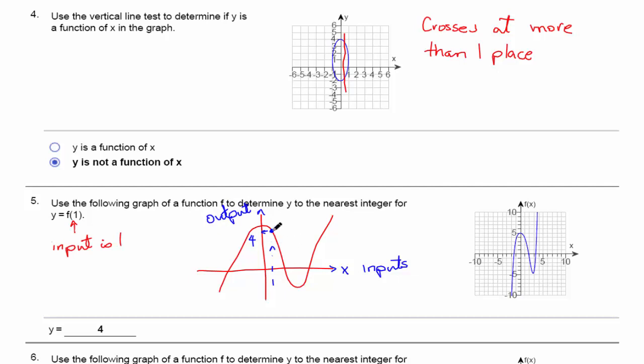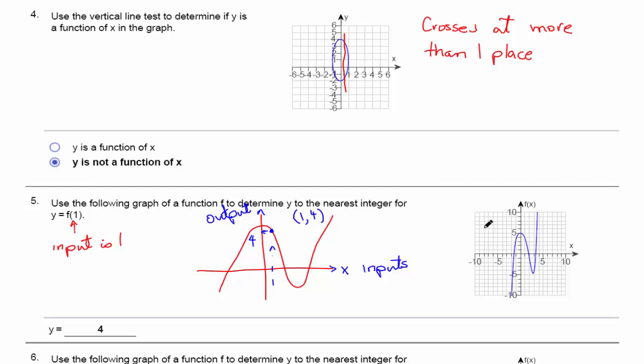Now you might think, well, the dot on the graph is the output. No, this dot, in this case (1, 4), represents the input and the output.